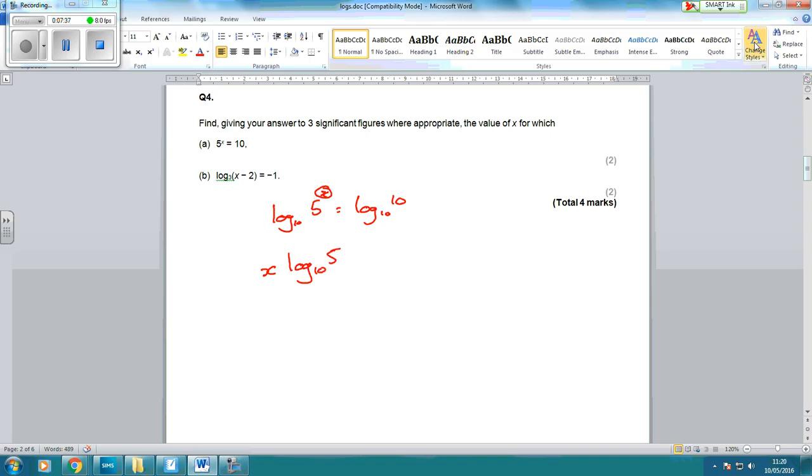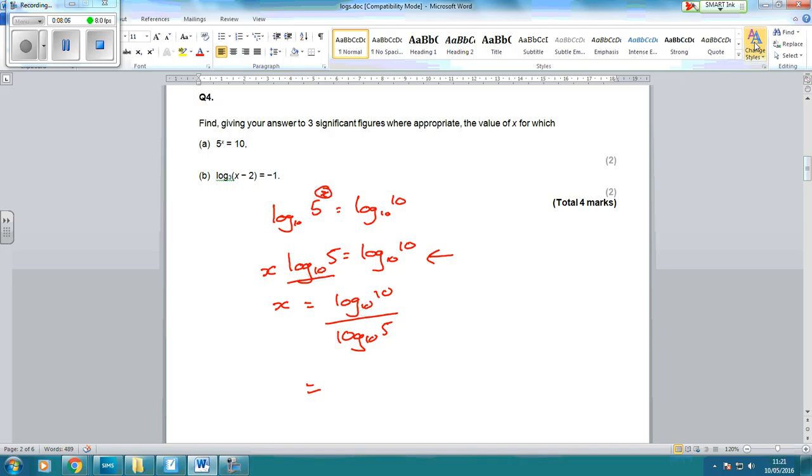So we get x log to the base 10 of 5 equals log to the base 10 of 10. Log to the base 10 of 10, of course, is just 1. And then we divide by this log to the base 10 of 5. So it's going to be log to the base 10 of 10 divided by log to the base 10 of 5.